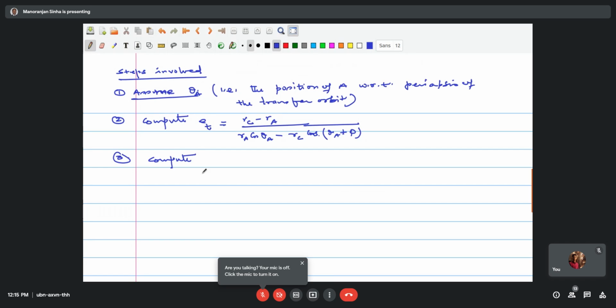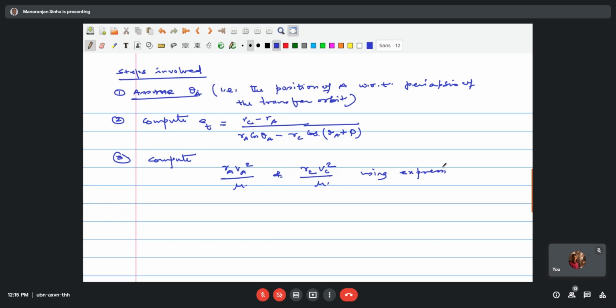Then compute RA square divided by mu and RC square divided by mu using the expression which we have developed earlier.